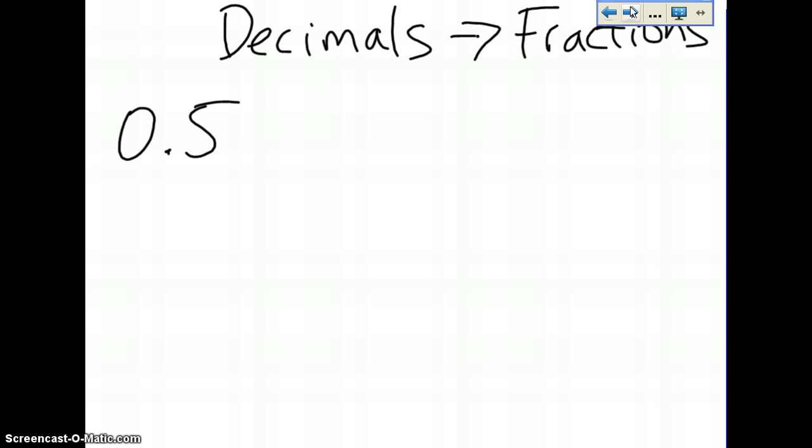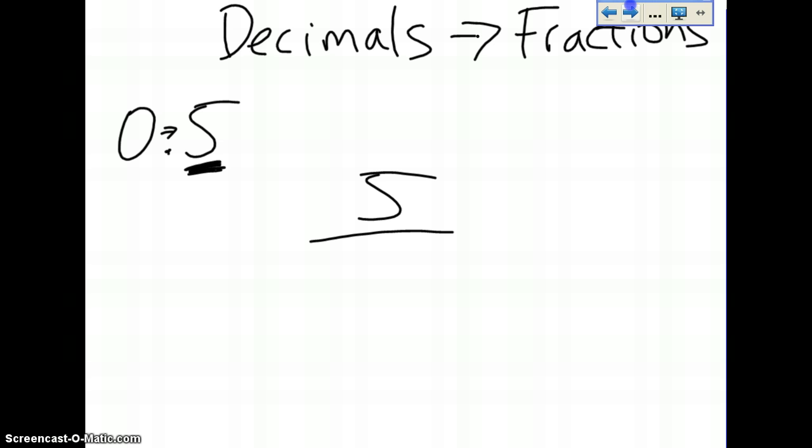Now decimals into fractions. I have 0.5. Now, I have 1 place behind the decimal. So in this situation, I know, and this is something we did early in the year, that that is equivalent to 10 in a fraction. So let's check it out. The 5 has to be the numerator. The denominator is determined by the places to the right of the decimal.